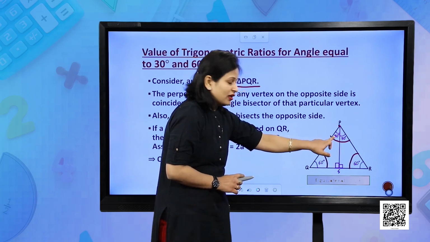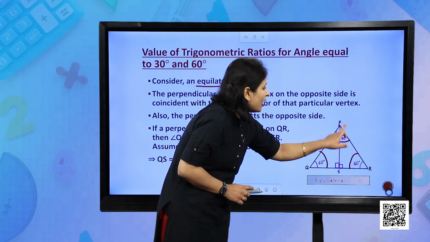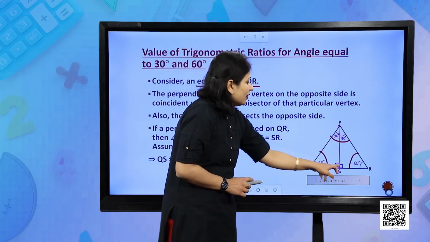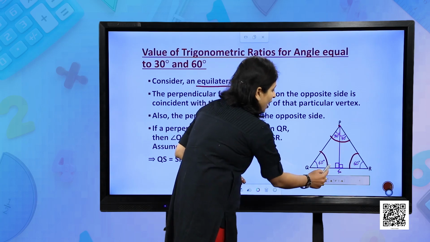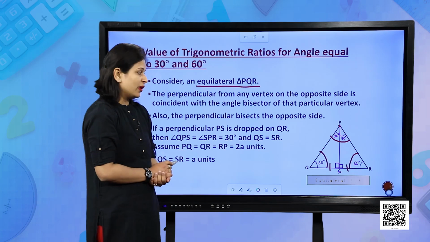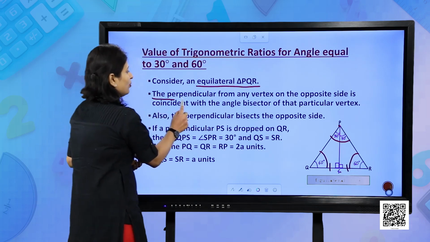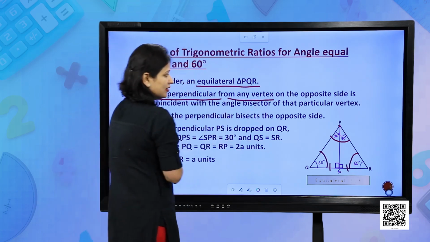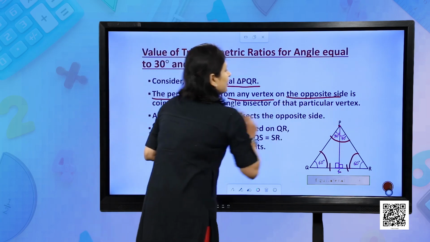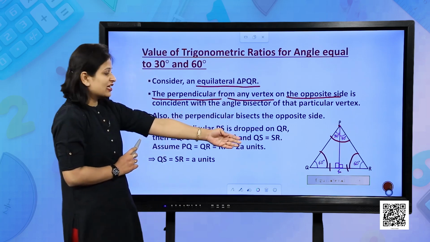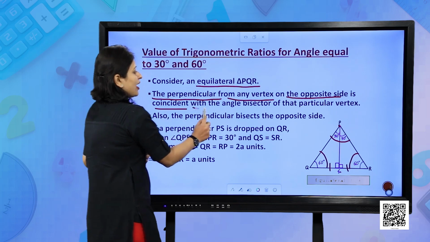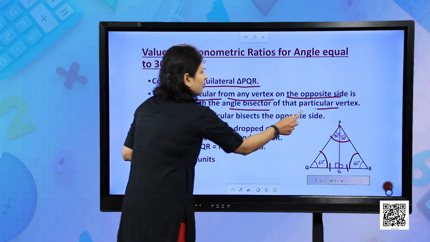QPS angle is 30 degrees, angle RPS will be 30 degrees, and this will also bisect QR. So, QS and SR both are equal. So, the perpendicular from any vertex, we have taken the vertex P, on the opposite side of vertex P, which is QR, is coincident with the angle bisector of that particular vertex.